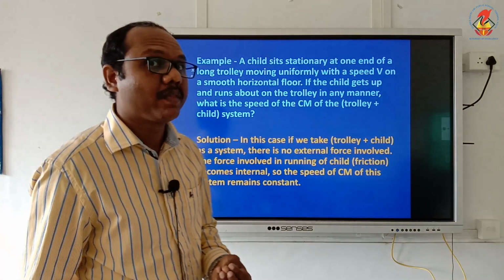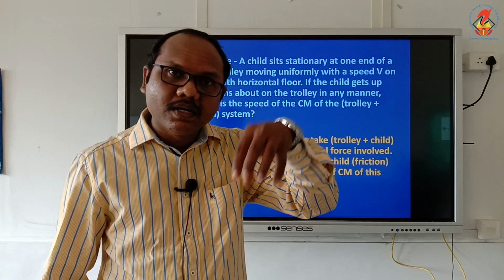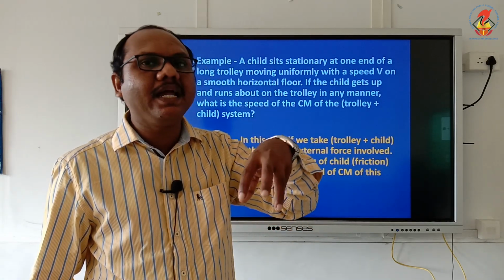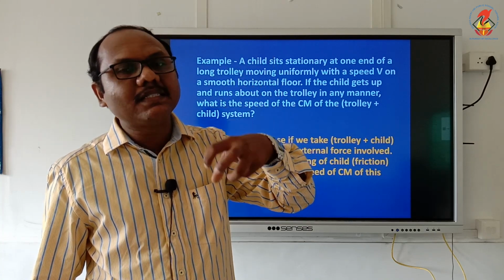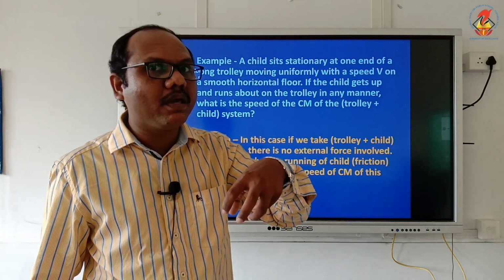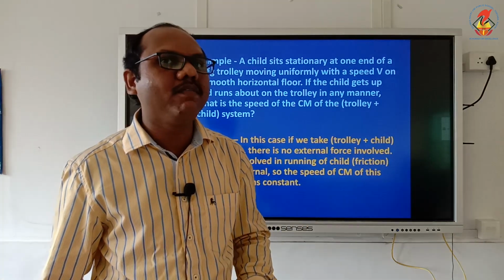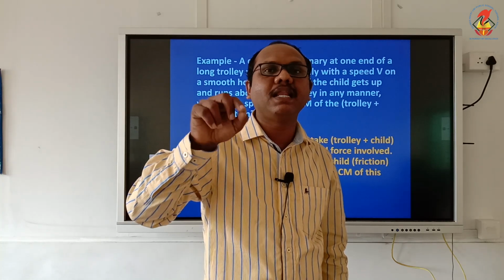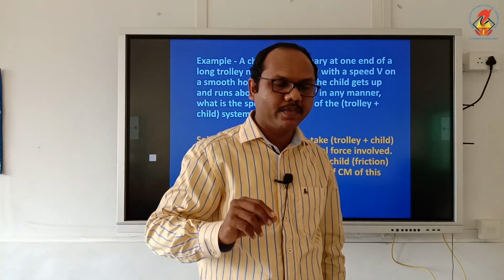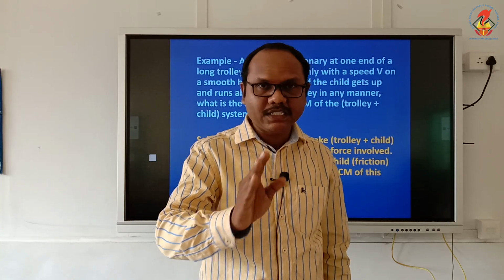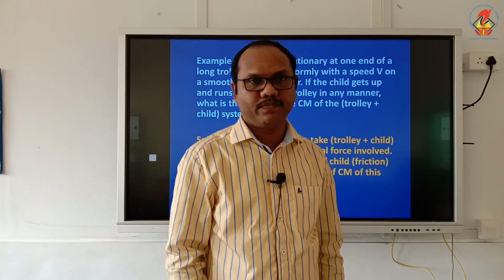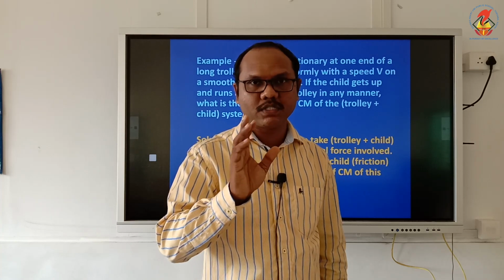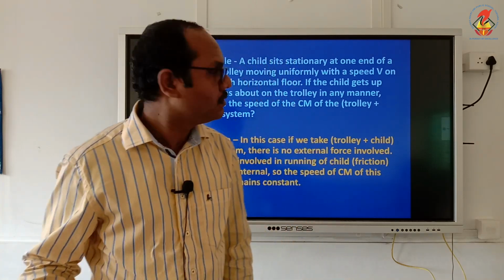The child is now inside the trolley, meaning the child and trolley act as one system, and when the child moves inside the trolley, it is only an internal force. There is no external force acting on the body.